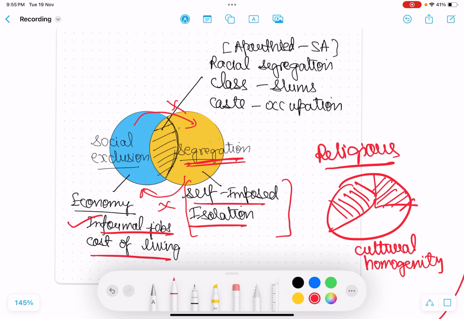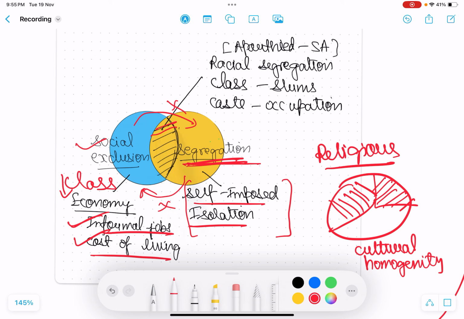They're being socially excluded because they've got, on a class structure, less money, right? But this is not physical segregation. This is not social institutionalized segregation. It's just that some people have, let's just say, on account of working informal jobs or having high cost of living, they are not able to access those services. So that is social exclusion still, but it is not segregation.